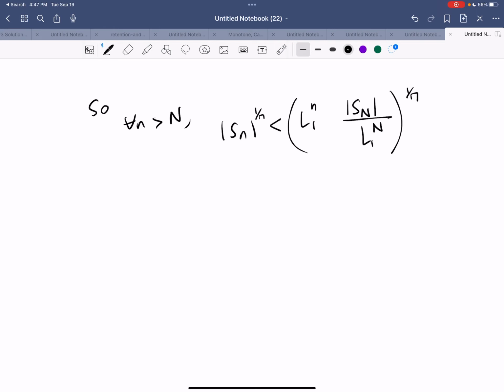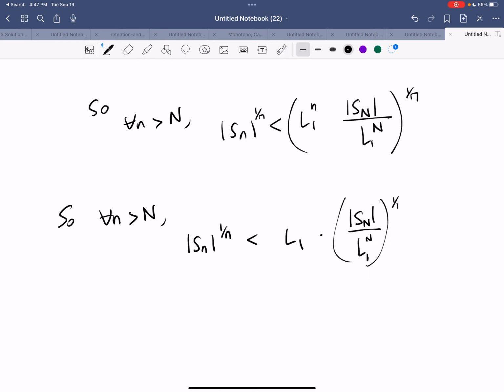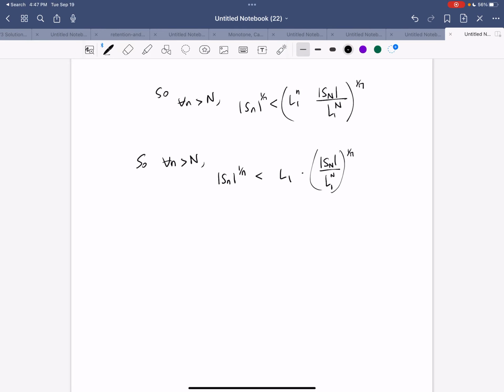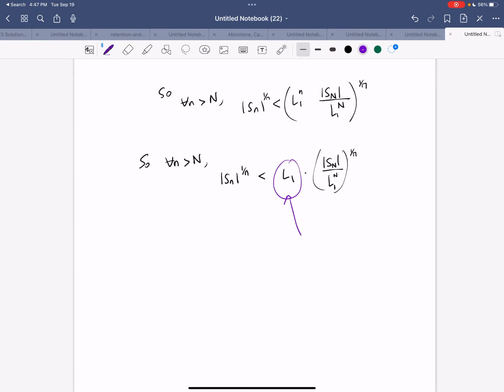Okay, and I'll say, so for all n bigger than N, the nth root of the absolute value of Sn is going to be less than L1 times, now I have the absolute value of S sub N over L1 to the N, and I'll have the nth root of that. And now here, I say this is a constant. This term here is a constant raised to the 1 over nth power, right?